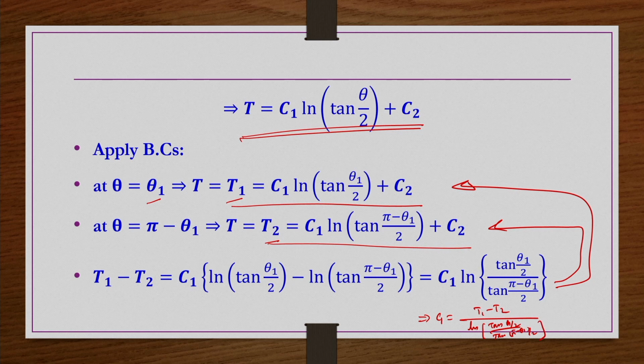It becomes a lengthier calculation, because in this type of heat conduction problem, the temperature distribution we get is in the form of a ratio between two temperature differences. This is one temperature difference.